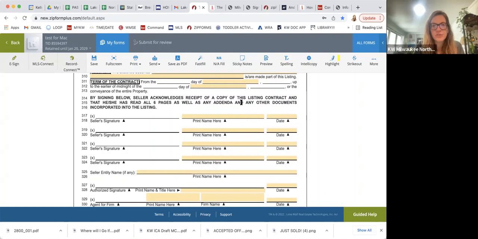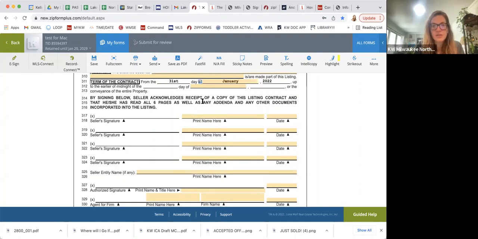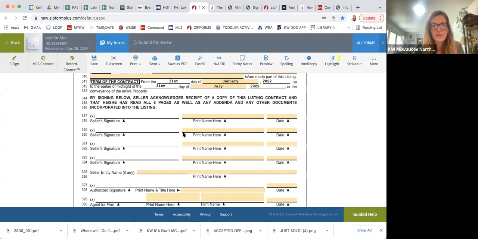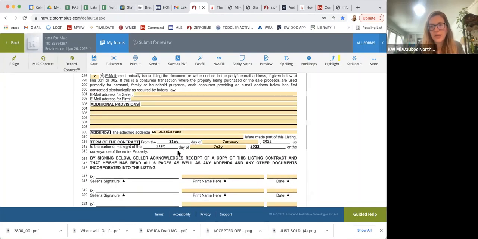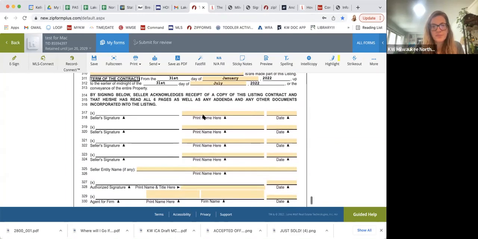Line 311 through 312, you're going to name the term of the contract. They are typically 6-month contracts. You can tighten that. You can make it longer if you want, but that's what's typical is 6 months.